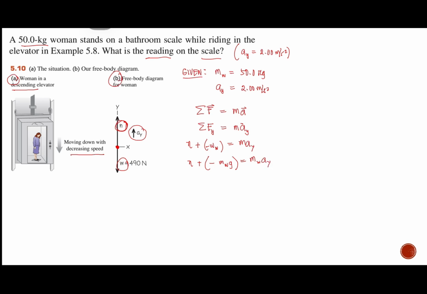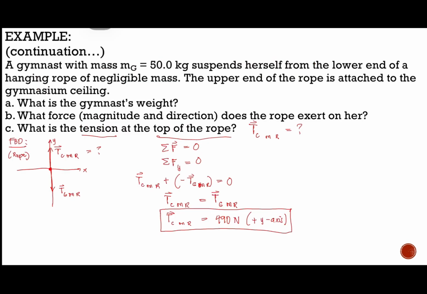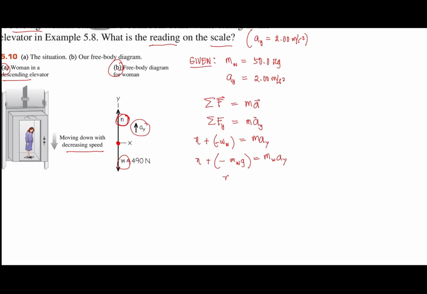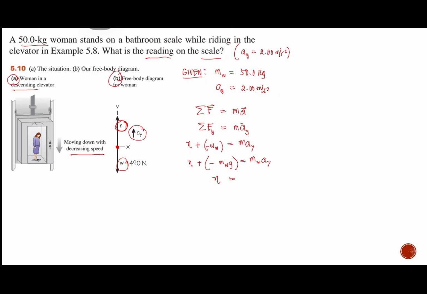Now, again, we are solving for the normal force. So, might as well transpose the negative weight of the woman to the right side of the equation. So, ang mabilin sa left side, we only have the normal force is equal to, nahimo na siyang positive, mass of the woman times gravity plus the mass of the woman times the acceleration along the y-axis.